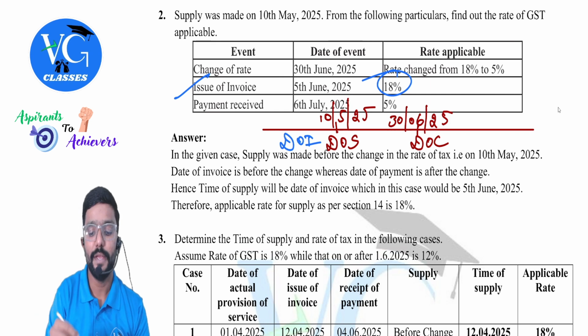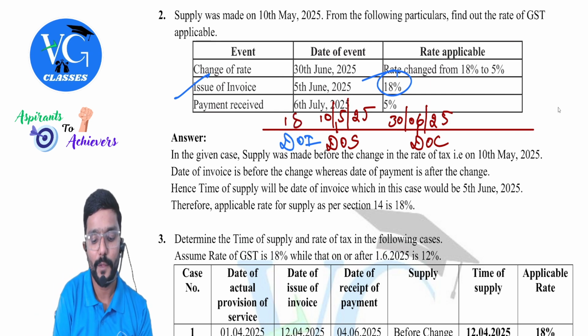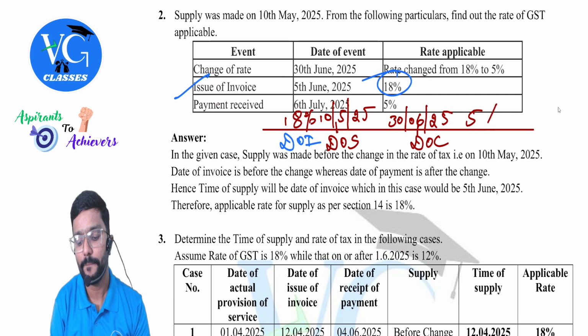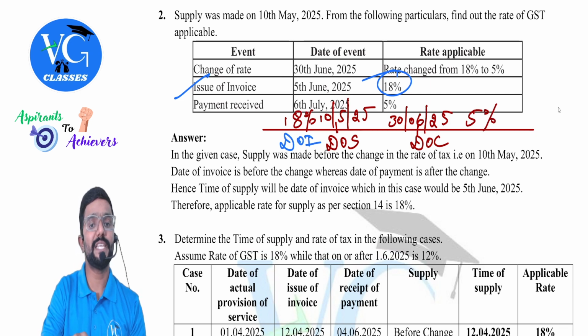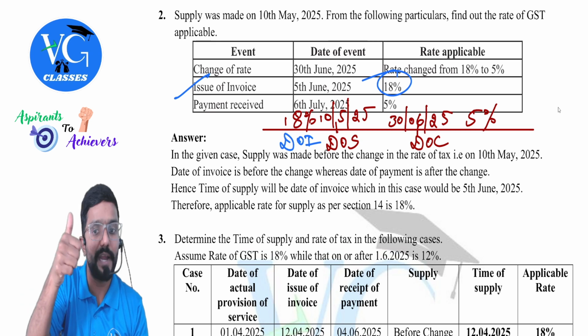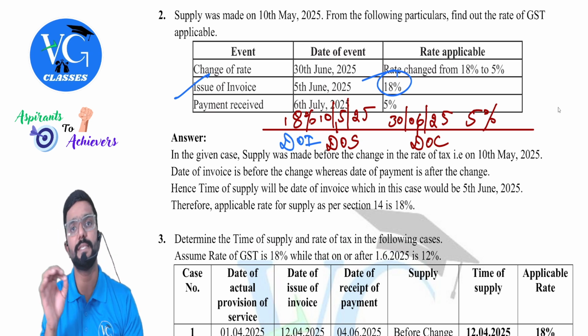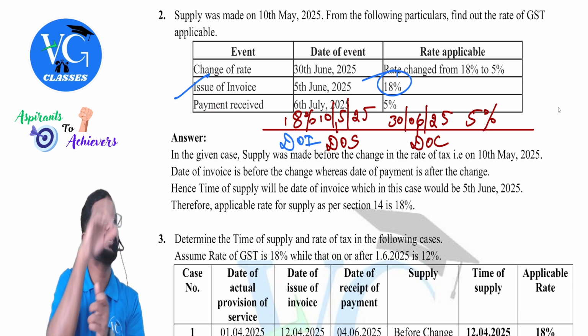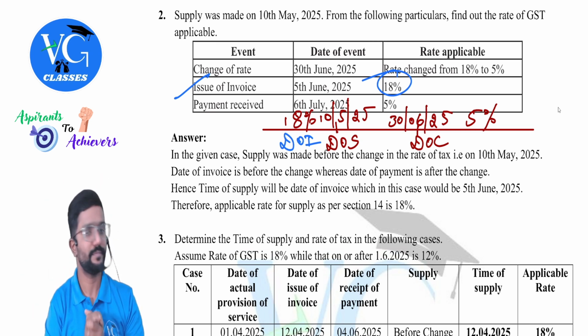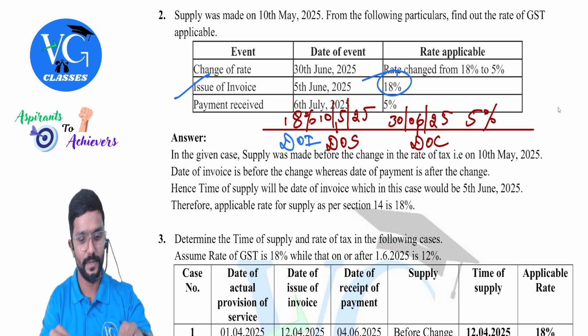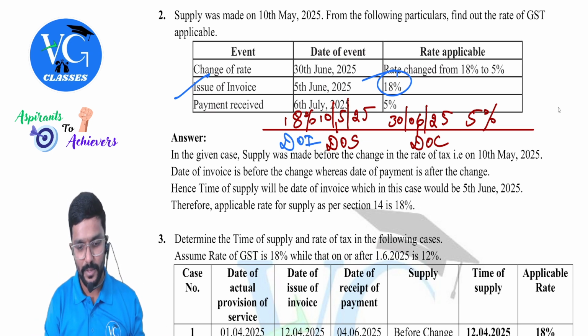Rate was changed from 18% to 5%. So the time of supply is the date of invoice. On the date of invoice, the rate was 18%. Therefore, the applicable rate for the supply as per section 14 is 18%. In simple terms, the rate which was there at the time of supply. Yes, take down this.